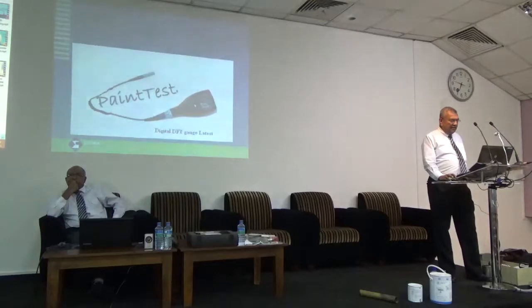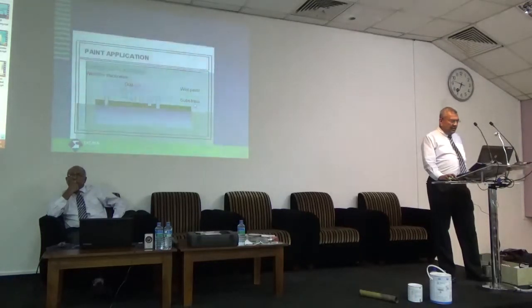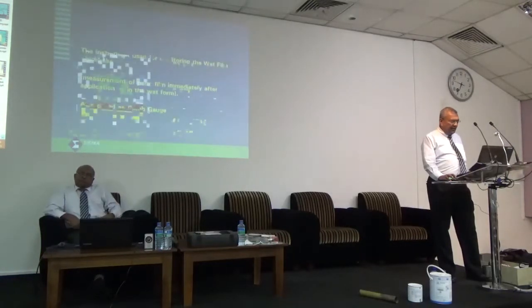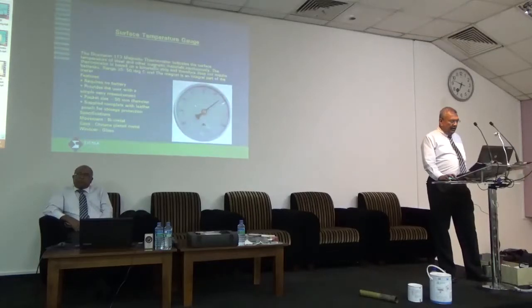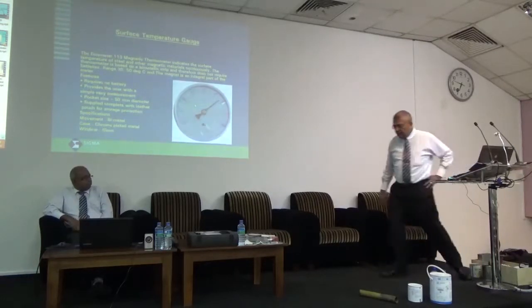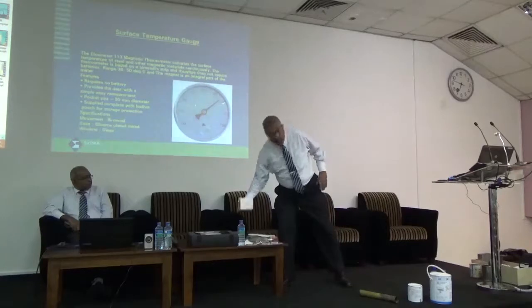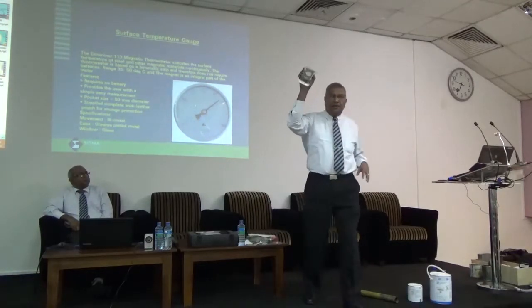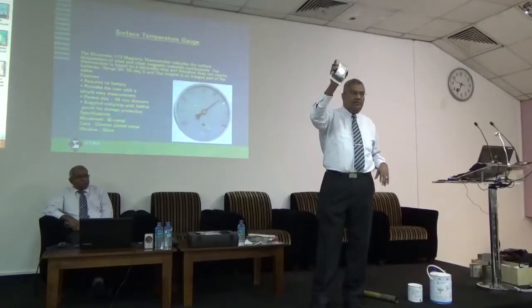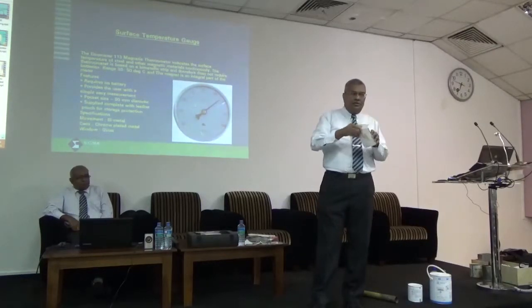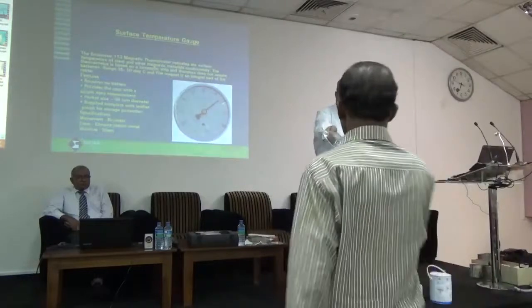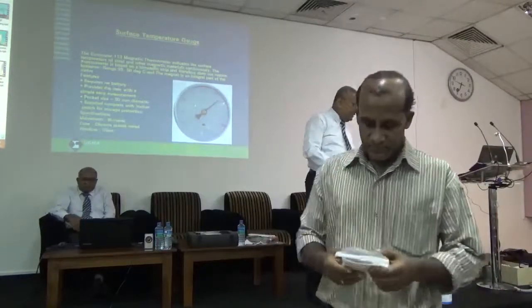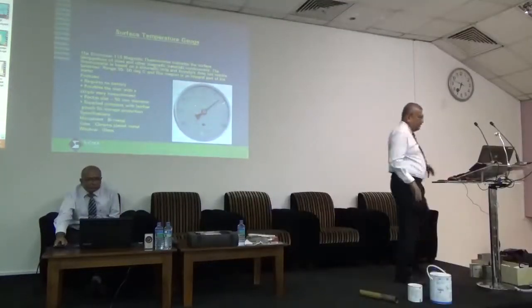Now this is the paint thickness gauge. This is the WFD gauge. Now this is an instrument. Now this is a magnetic thermometer. So you just stick it on the steel and then it will give you the steel temperature.